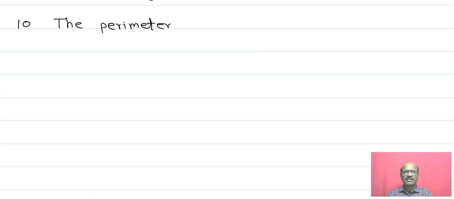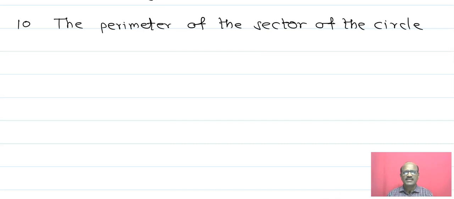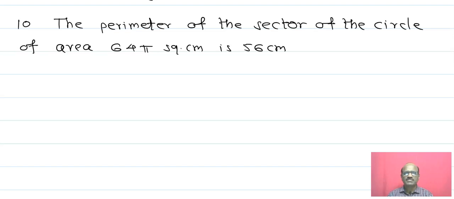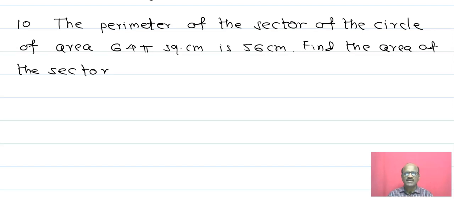The perimeter of the sector of the circle of area 64 pi square centimeter is 56 centimeter. Find the area of the sector.